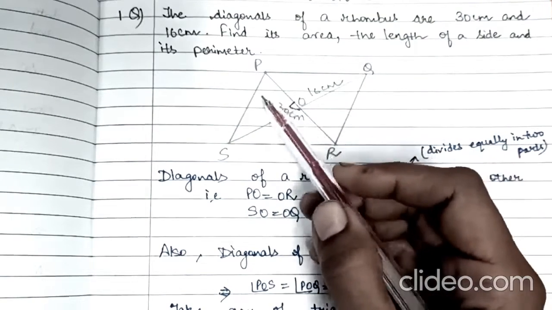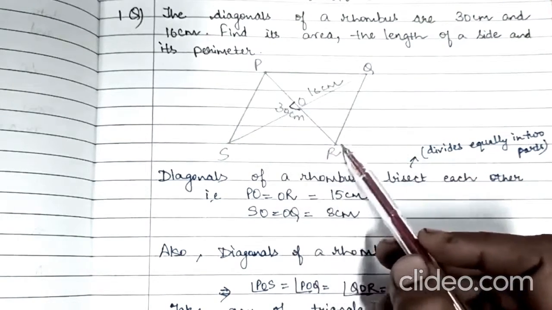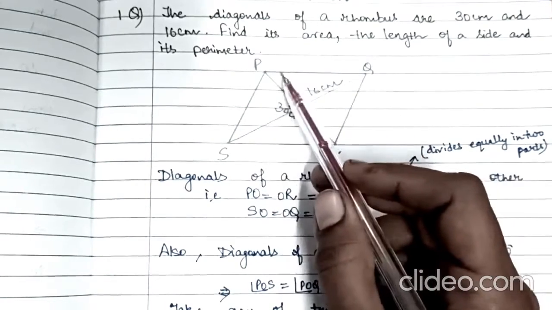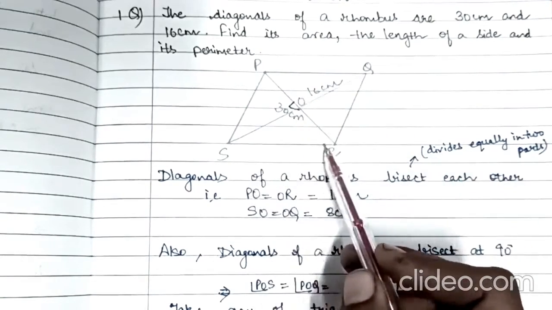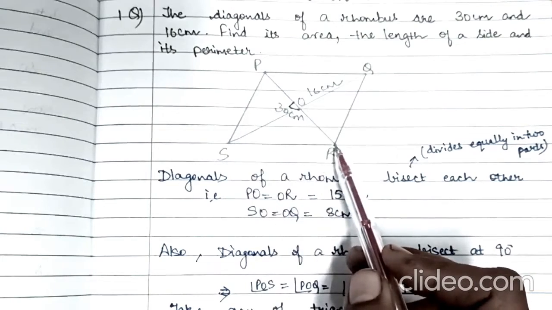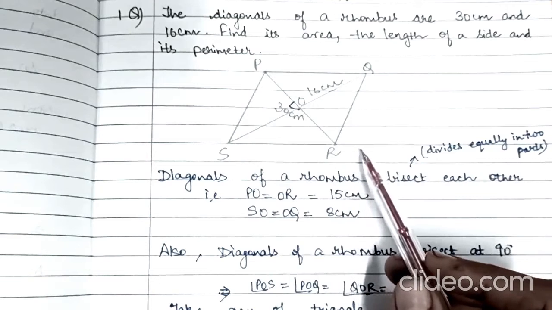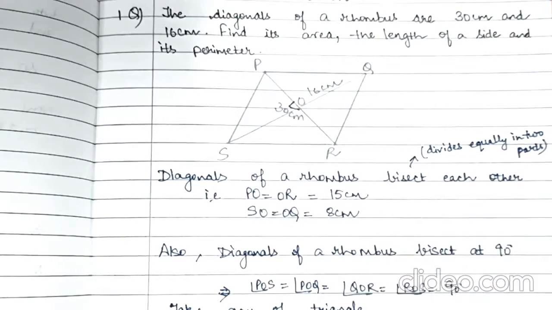We have to find the area of the rhombus, the perimeter of the rhombus and the length of a side, because all the sides of a rhombus are equal. So any one of the sides we can find out.